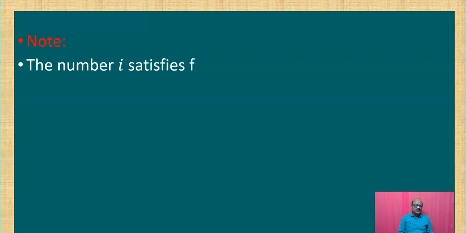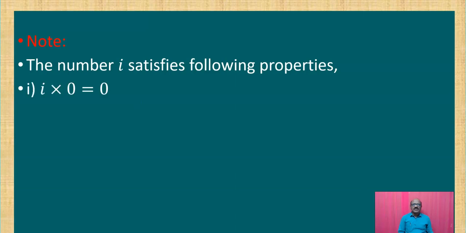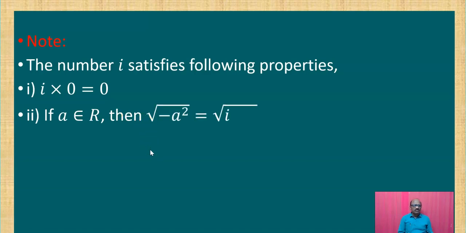Note that the number i satisfies the following properties. i into 0 is 0. If a belongs to the set of real numbers, then root of minus a square is equal to root of i square into a square. If you take the square root, you will get plus or minus ia.